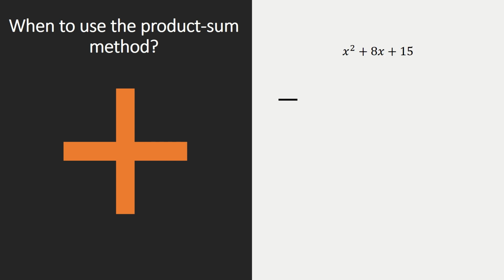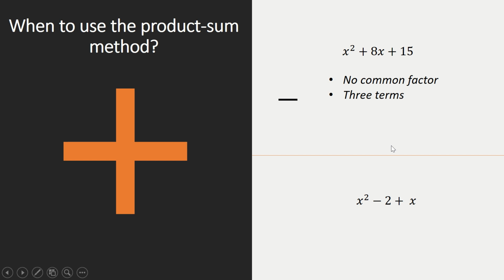So if we look at the example of the previous slide, you will have x squared plus 8x plus 15. This exists with no common factor. You cannot simplify it any further. 3 terms. So we've got x squared, 8x, and 15.